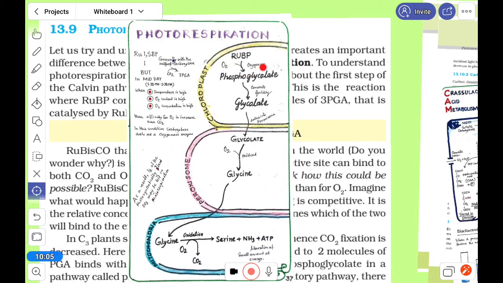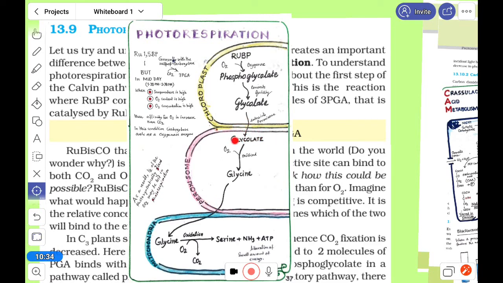Here ribulose bisphosphate is now taking oxygen with the help of oxygenase. It converts into phosphoglycolate, and quickly into glycolate. Where is this taking place? This is taking place in the chloroplast. Now, after that it enters the peroxisome, one unfamiliar cell organelle that we should know.